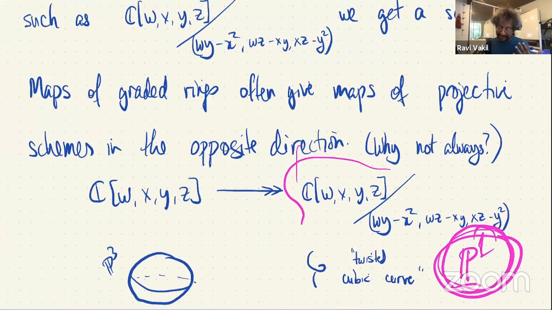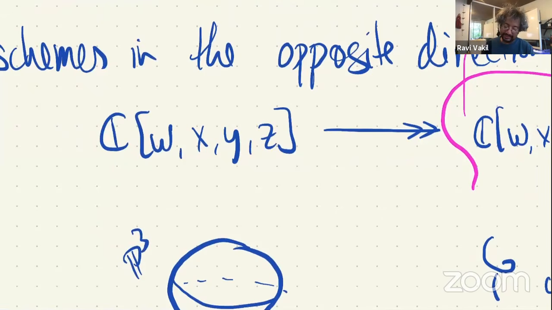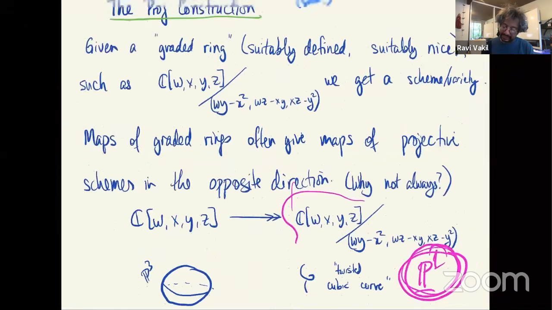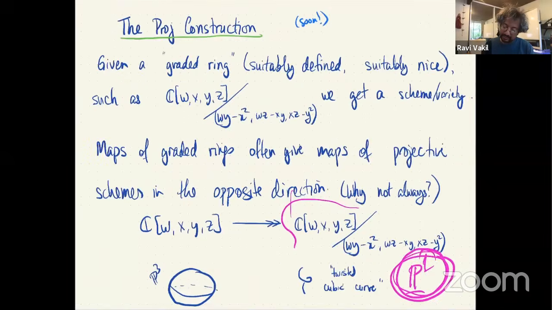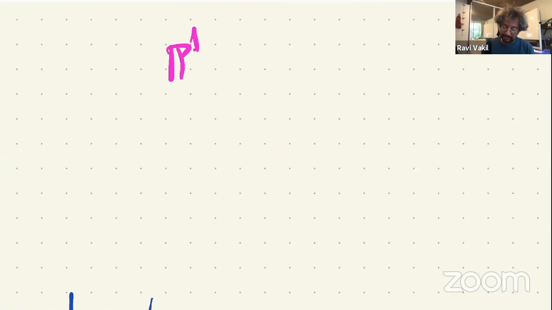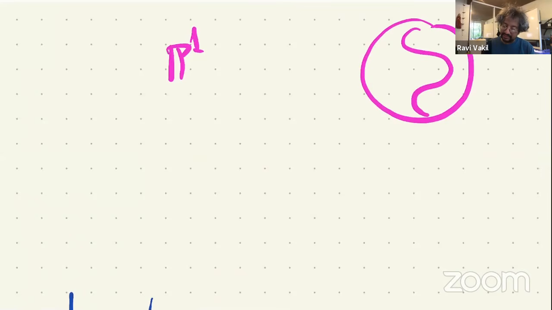And in the course of doing it, what you'll figure out is where the points of P1 go. Well, every point in P1 has to give you something in P3 space. Actually, let me give you one hint. There's this P1 and there's this thing inside P3.